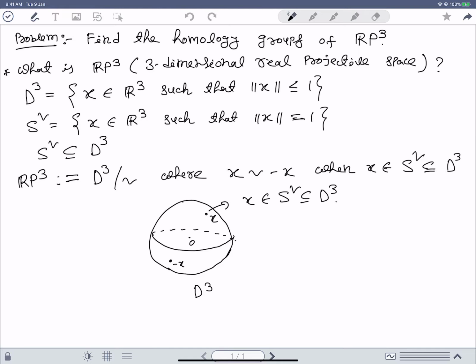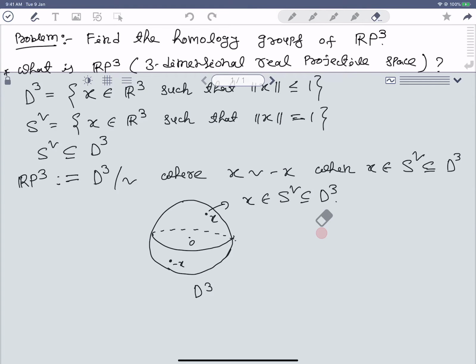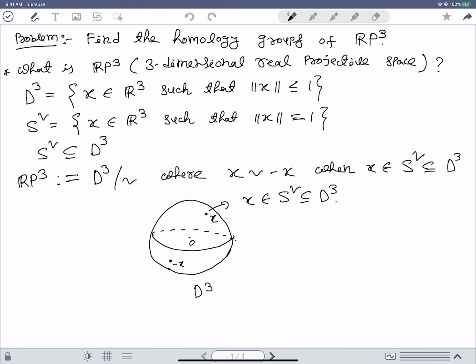Say one simplex we can write in this way. Okay, so this is a simplex.